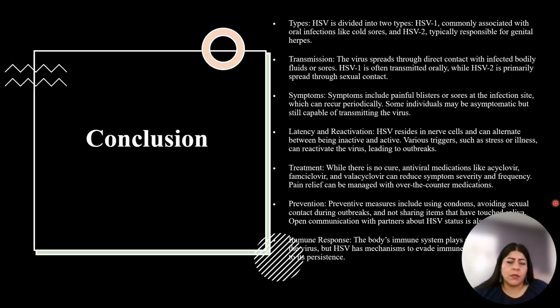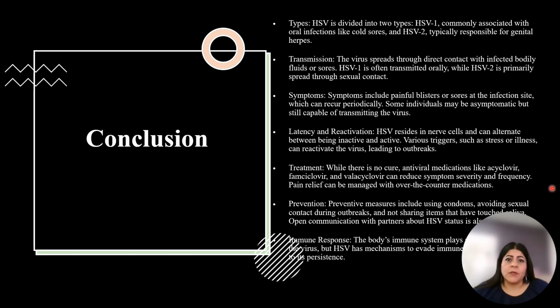While there's no cure, these antiviral medications help minimize the number of episodes that a person infected with herpes simplex virus can potentially have. Acyclovir is one of the most popular ones. There are people who suffer extreme episodes and they need to take this medication more regularly than others.